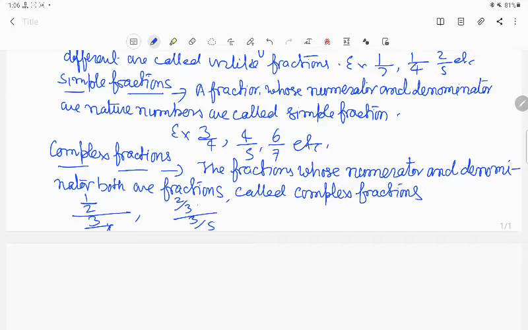Here numerator and denominator both are fractions, that is called complex fraction.